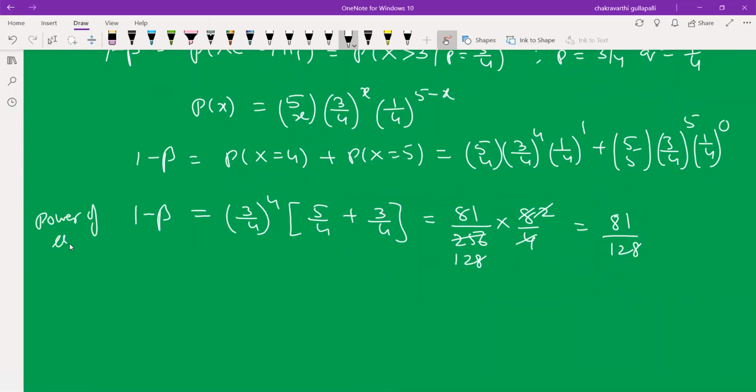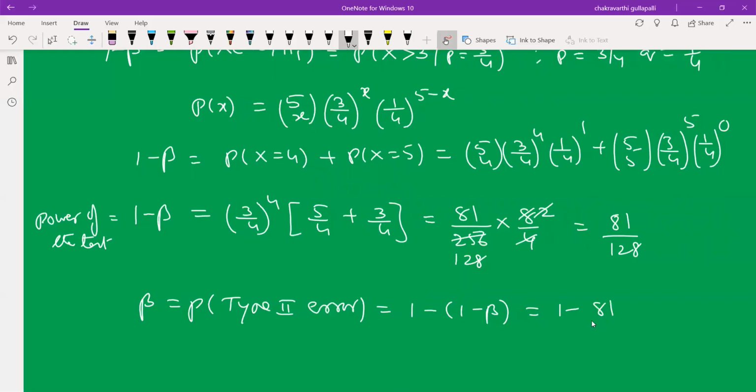Power of the test is very important. So now beta, type 2 error, probability of type 2 error. 1 minus 81 by 128. That is 47 by 128.